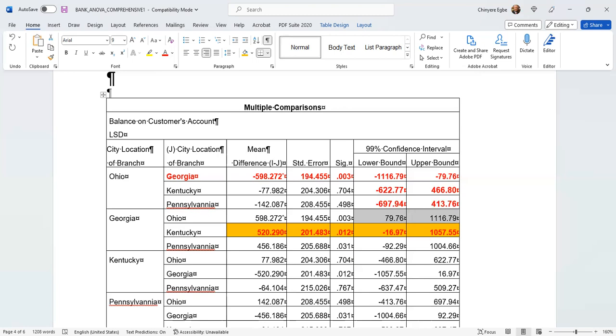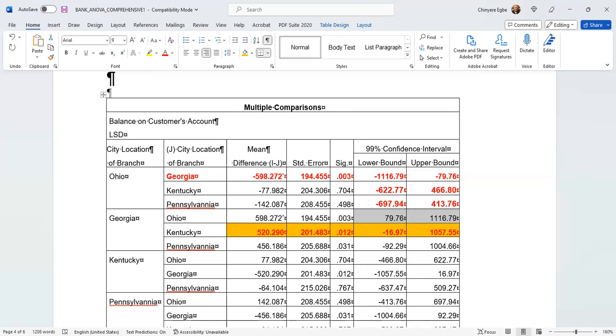Once you reject it, you begin to ask yourself, who is different? It could be that at least one is different from the others, like in this case, Ohio. But it could also be that they're all totally different from each other. You get it?